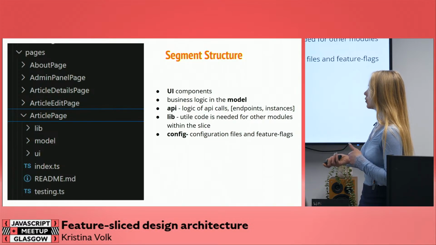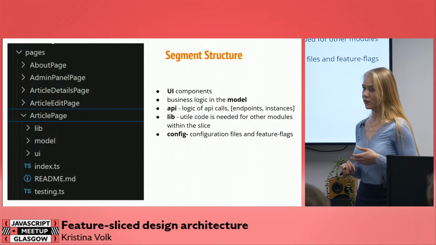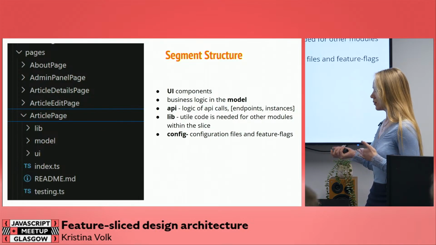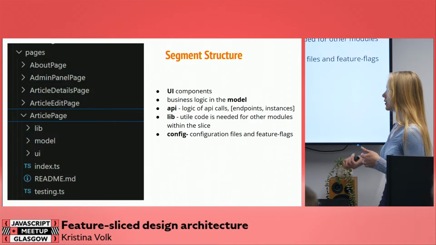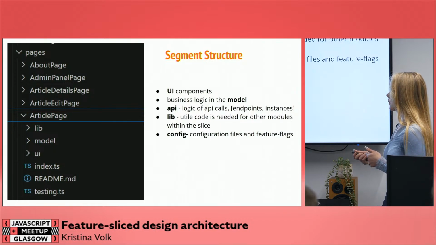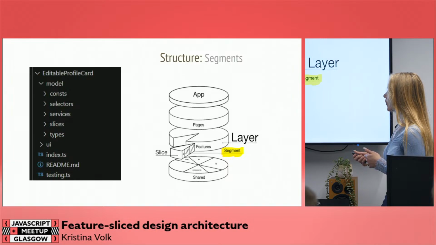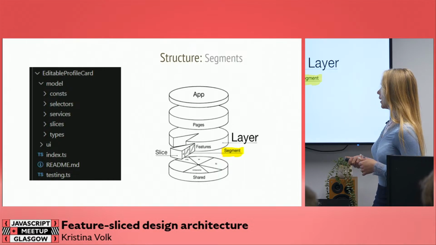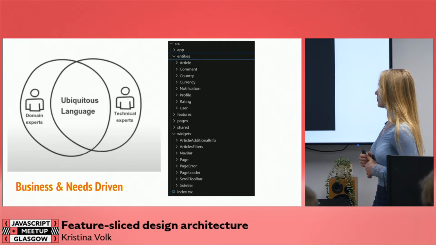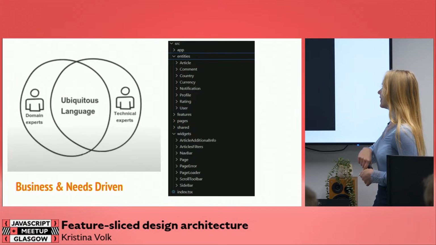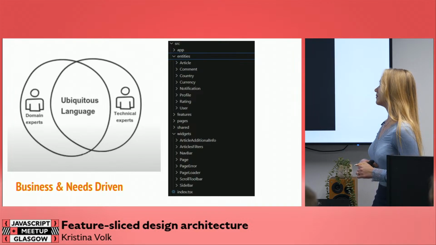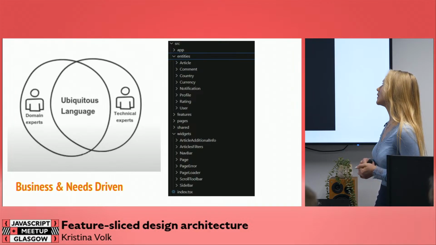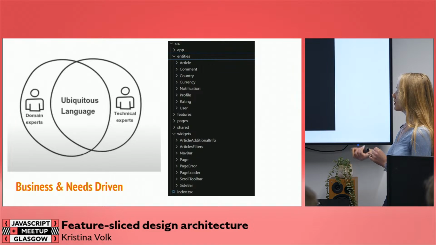If you don't need something, for example if you don't need UI for some module, you can skip it, and that's fine. We can also keep types in our module. And what we actually get as a benefit of this architecture is that we can unfold our projects.